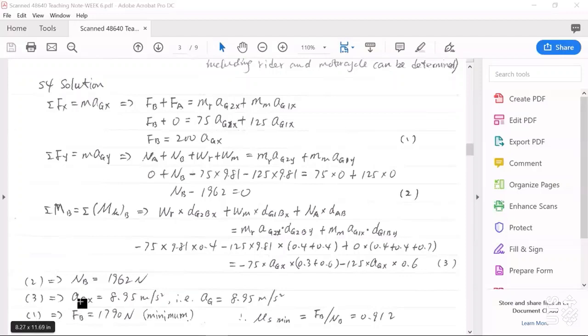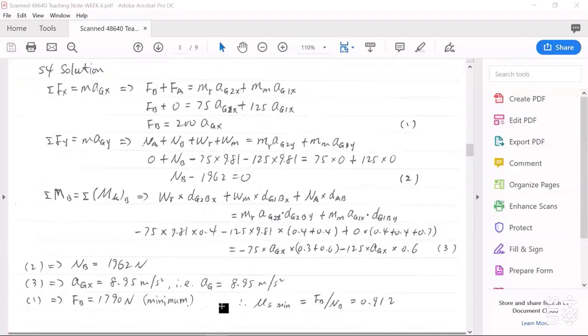Then we substitute this AGX into equation 1. We can work out FB, and this FB is the minimum required FB.